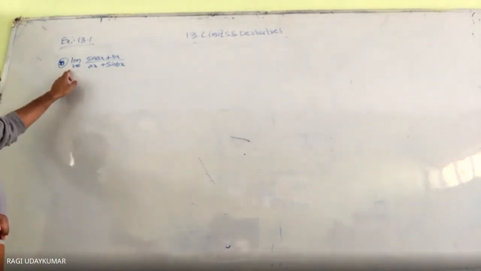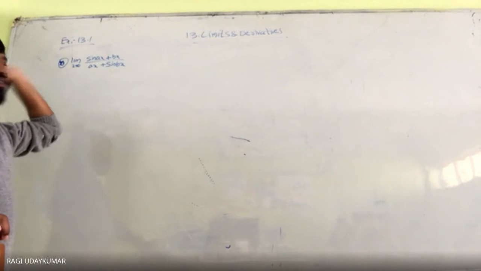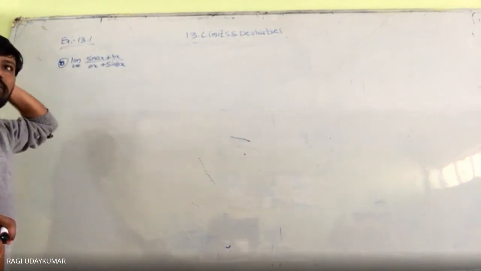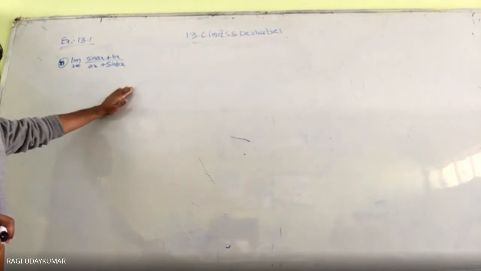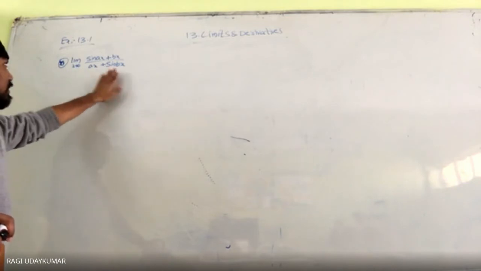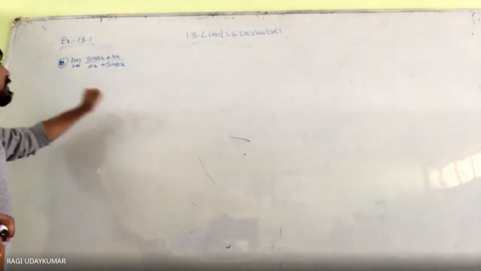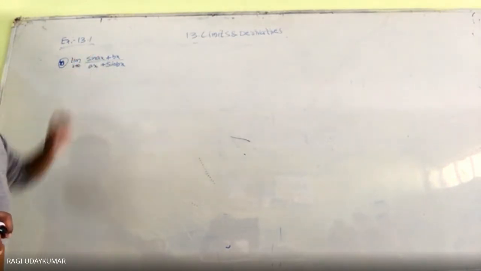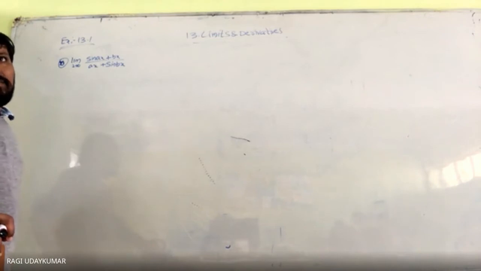Individually, as x tends to 0, take it in separate parts. Take sin ax and bx, and here ax and bx, and whenever you are considering ax, multiply and divide.